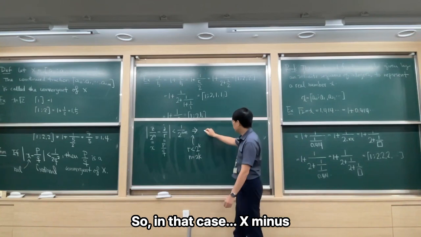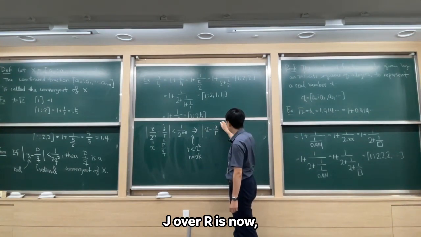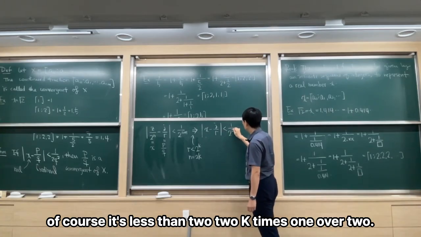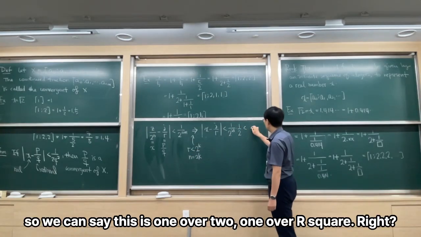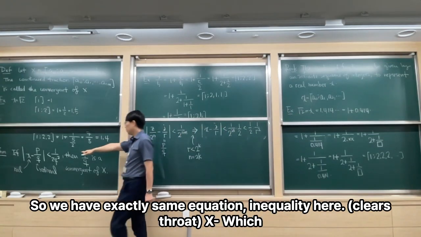So in that case, x minus j over r is, of course, less than 2^k times 1 over 2^n, but 2^k is bigger than r, so we can say this is 1 over 2 times 1 over r squared, right? So we have exactly the same inequality here.